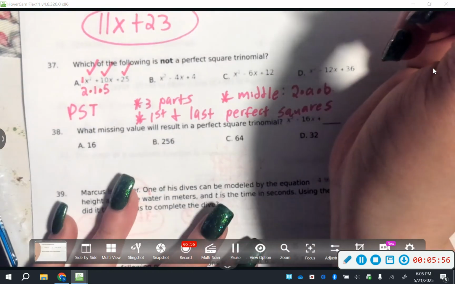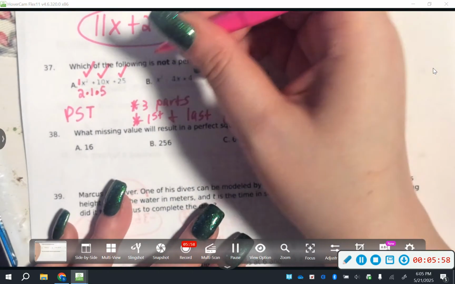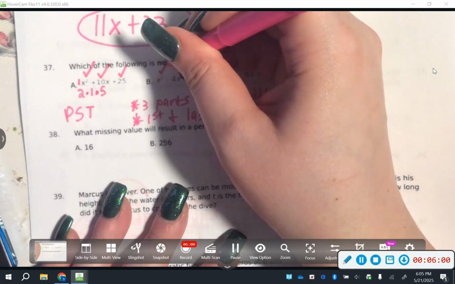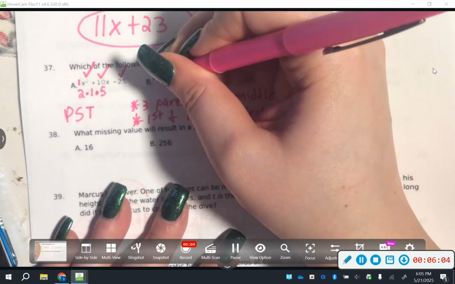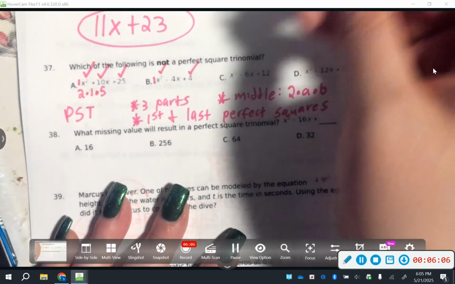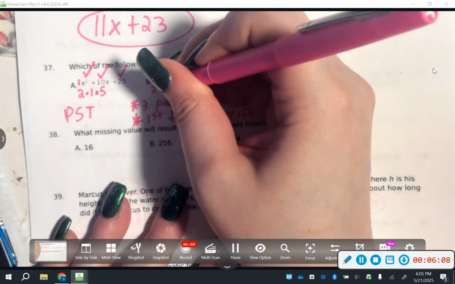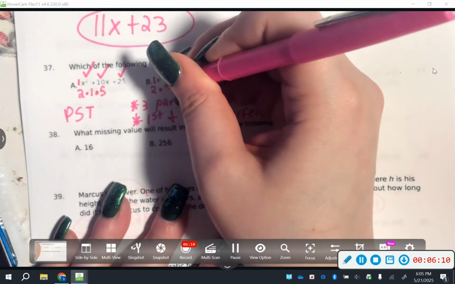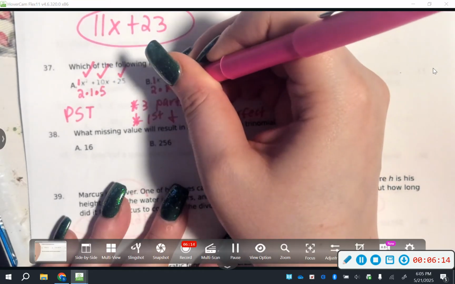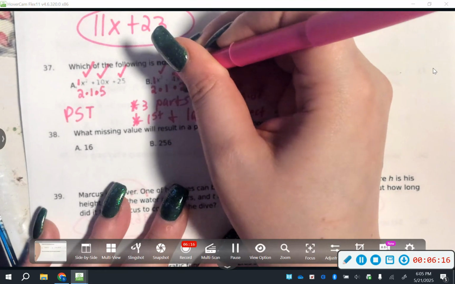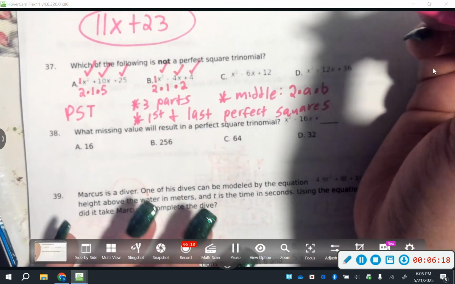This one is a PST. Checking our next one. X squared is a perfect square. 4 is a perfect square. If there's no number in front of x squared, it's a 1. Checking our middle term, 2 times the square root of 1, which is 1, times the square root of 4, which is 2. 2 times 1 is 2. 2 times 2 is 4. Our middle term works. That's a PST.